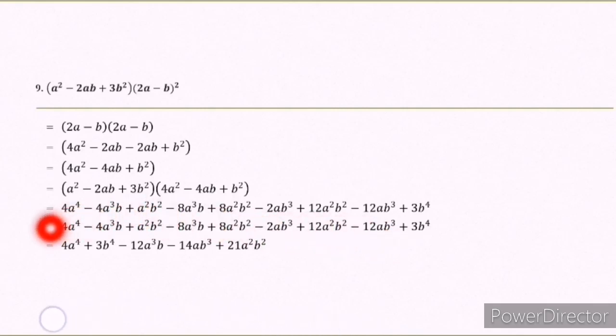Then in this line, you need to combine the like terms. Then the answer is 4a raised to 4 plus 3b raised to 4 minus 12a cubed b minus 14ab cubed plus 21a squared b squared.